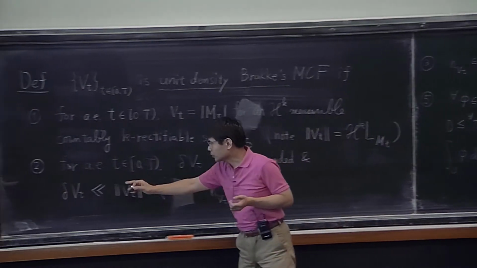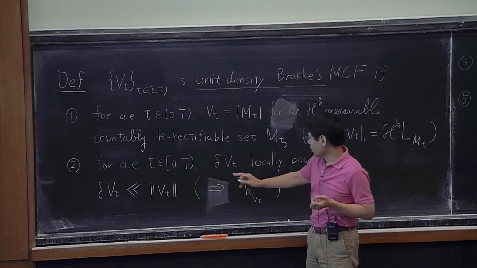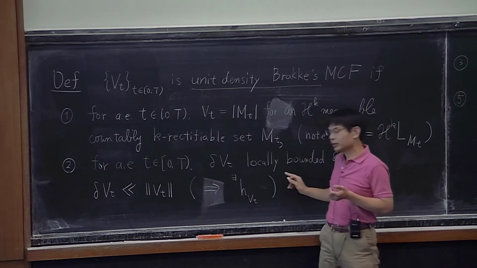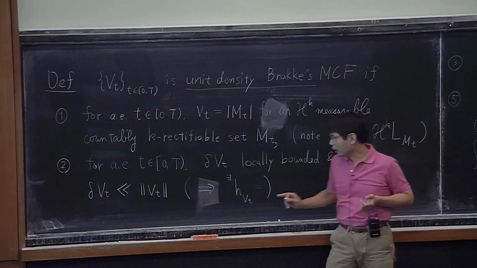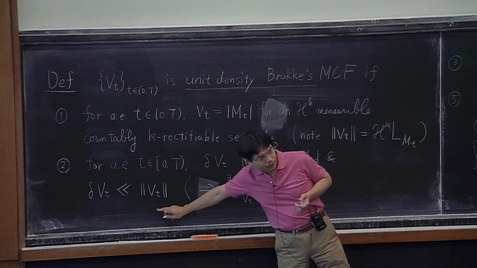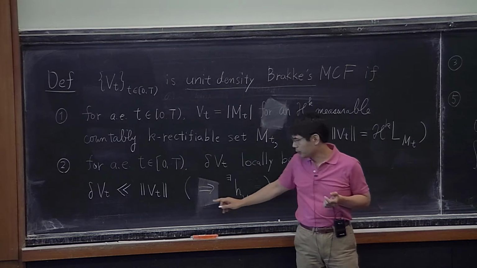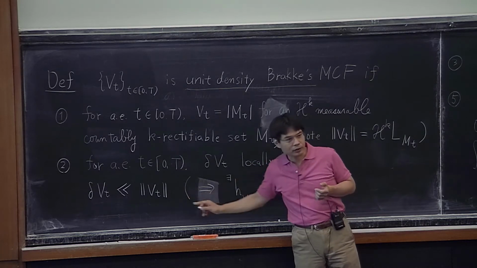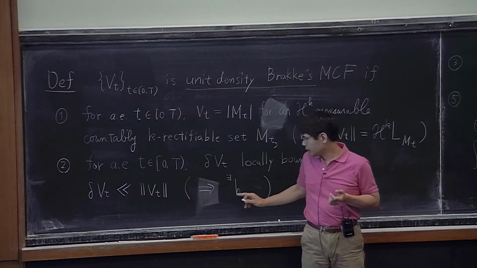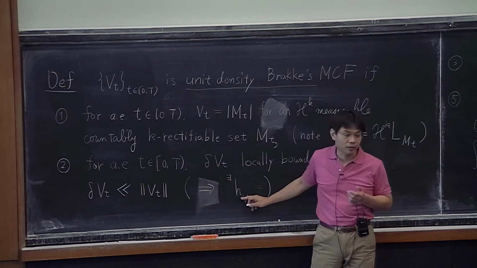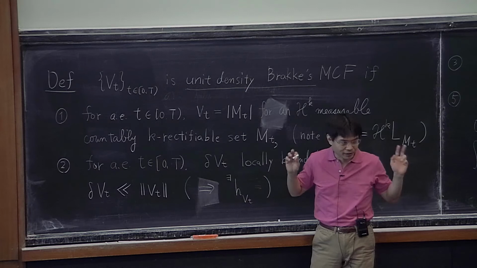And the number 2 was that for almost all t, the first variation of this varifold is locally bounded and also absolutely continuous. That's exactly the same as yesterday. This means that there exists the Radon-Nikodym derivative, which I interpret as a mean curvature vector in a generalized sense.